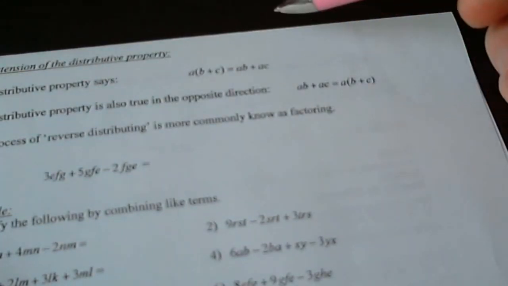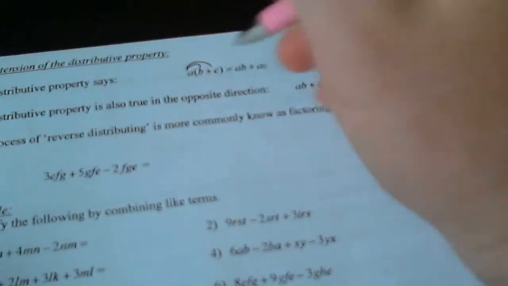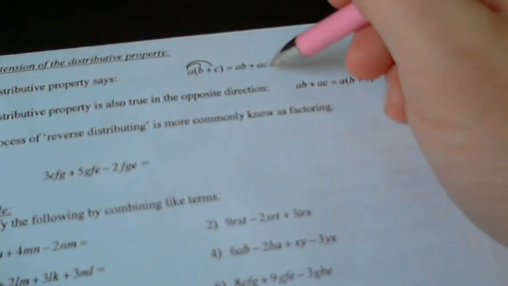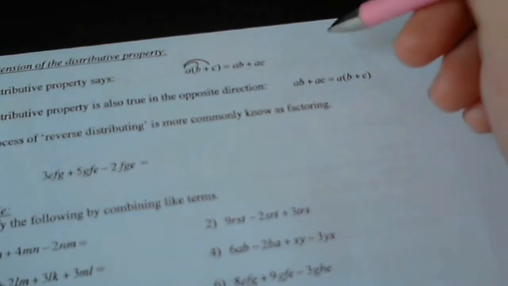Here, we have an extension of the distributive property, which we should probably point out. Remember that A times quantity B plus C is equal to AB plus AC. But the distributive property is also true in the opposite direction.